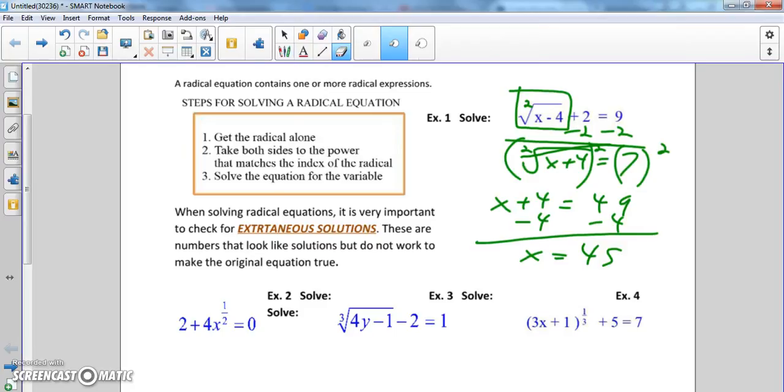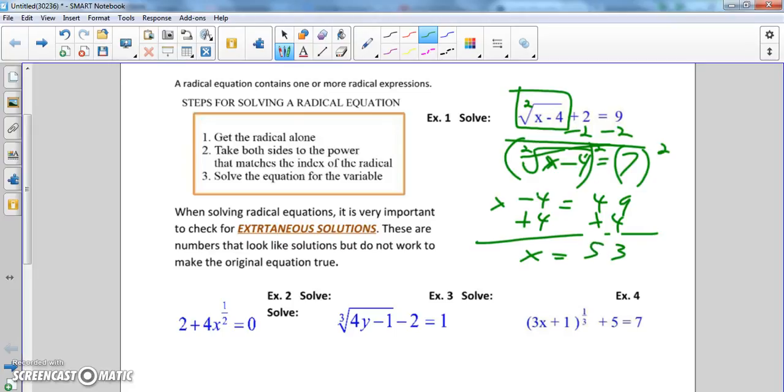Well, you haven't seen it. This should have been x minus 4. I had a copy error, which happens, which means I should add 4 to both sides. And my answer here should be 53.